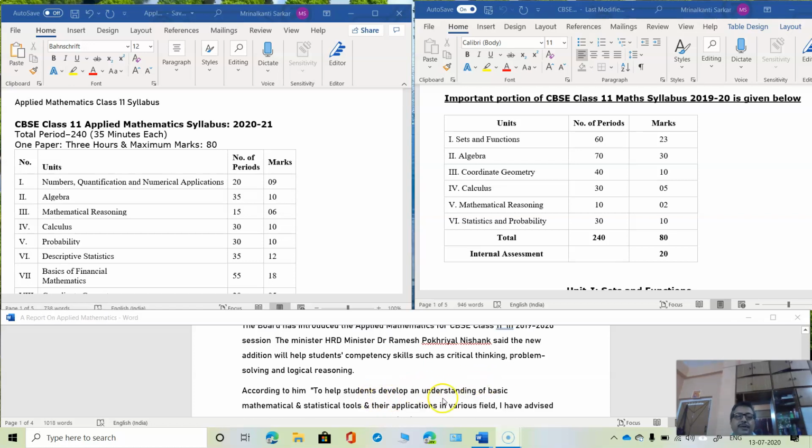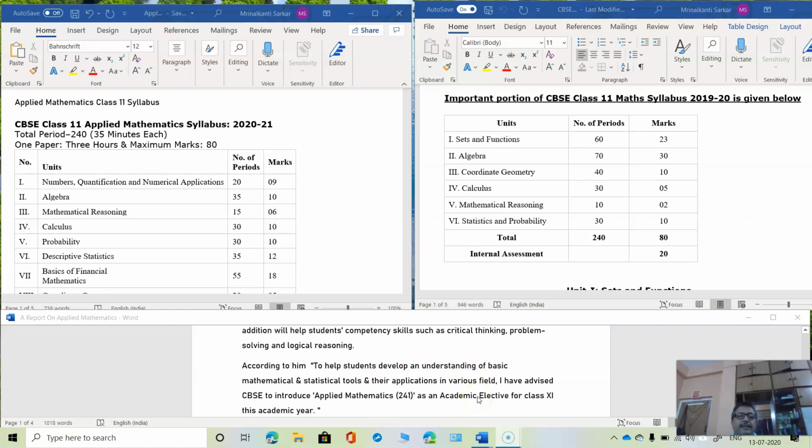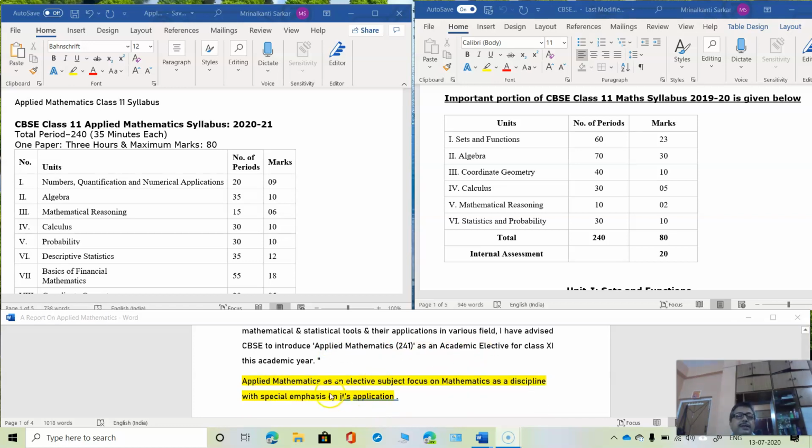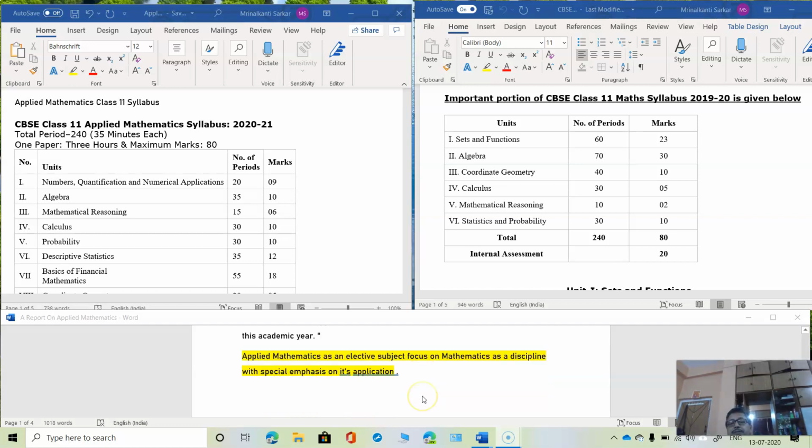According to him, to help students develop an understanding of basic mathematics and statistical tools and their application in various fields, they have advised CBSE to introduce applied mathematics code 241 as an academic elective for class 11 this year. This applied mathematics as an elective subject focuses on mathematics as a discipline with special emphasis on its application.